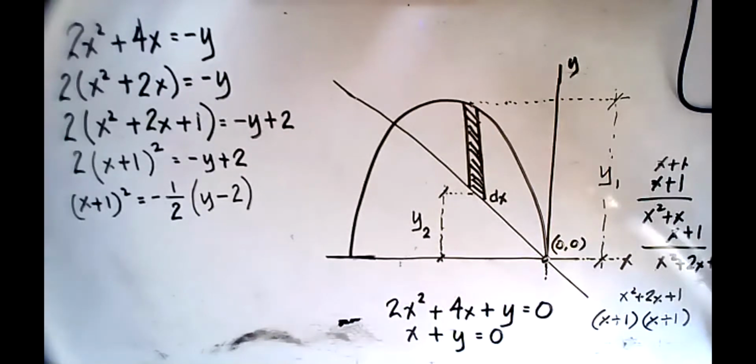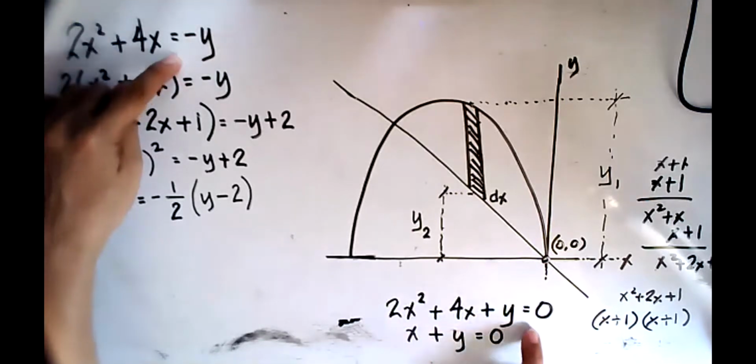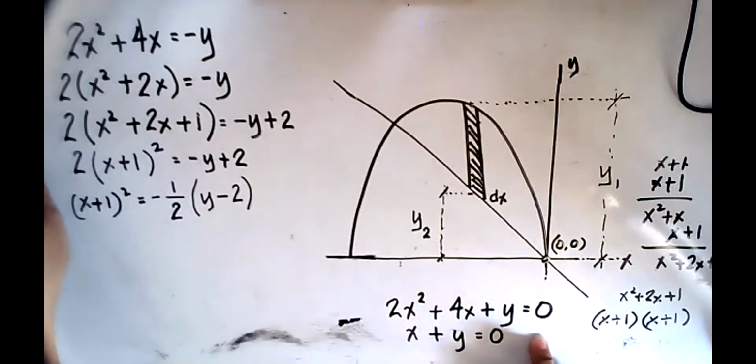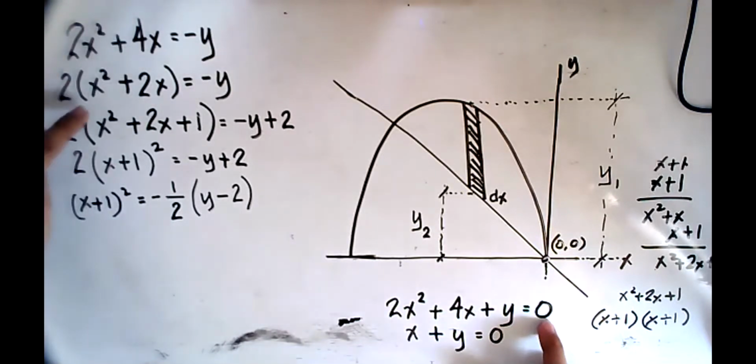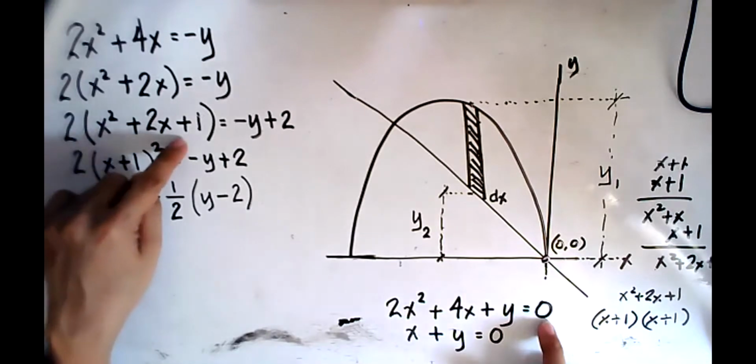So again, from 2x squared plus 4x, which was equal to negative y because we transposed y to the other side of the equation, we made use of a common factor 2. Then we have x squared plus 2x, which is a perfect square trinomial, in that we have x squared plus 2x plus 1.